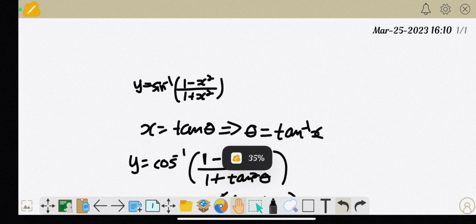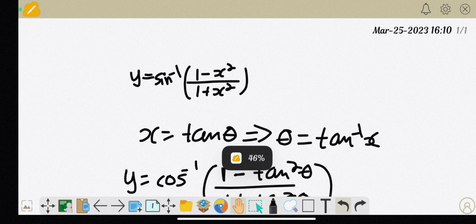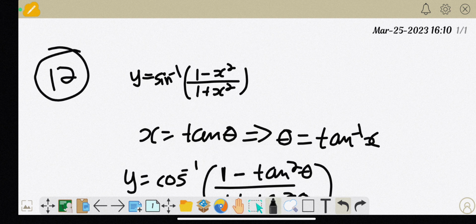So do we have any alternative for this? See, this is question number 12. Is there another way we can solve the same problem? Should we use some other substitution method? So here also, if you substitute tan theta, you will get it in terms of cos, correct?